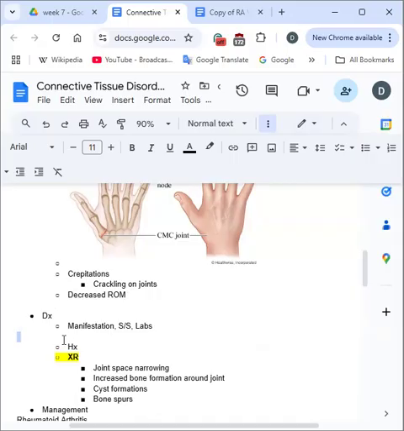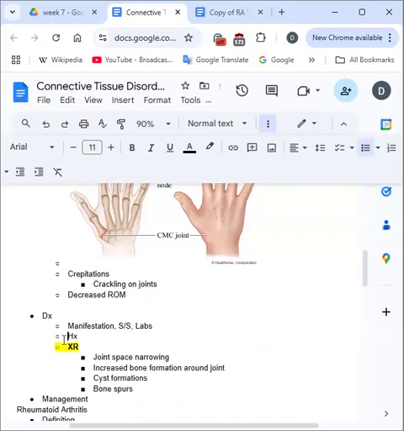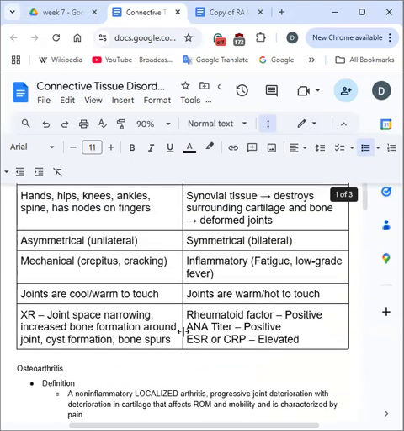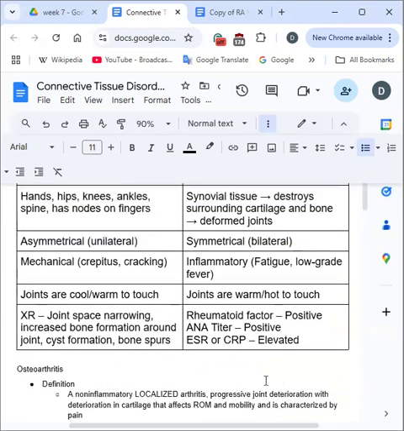This is saying it's diagnosed by your signs and symptoms and some of your labs. So maybe they'll do some labs for RA just to rule it out. You might have these labs come back negative, or normal to maybe slightly elevated, because if they're still moving on it, it might cause some inflammation.